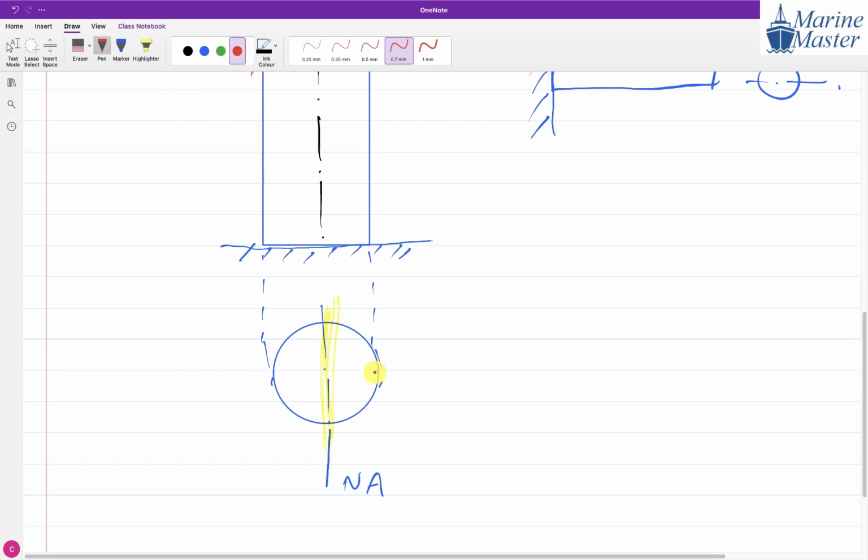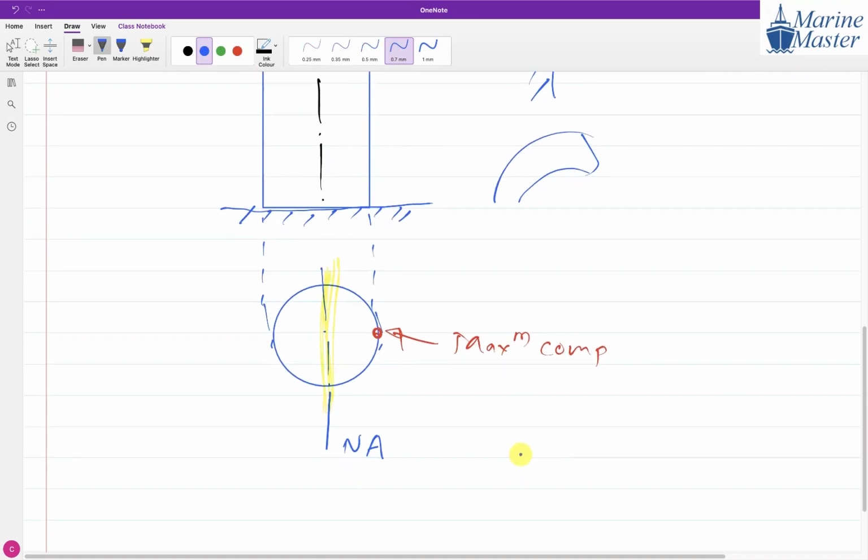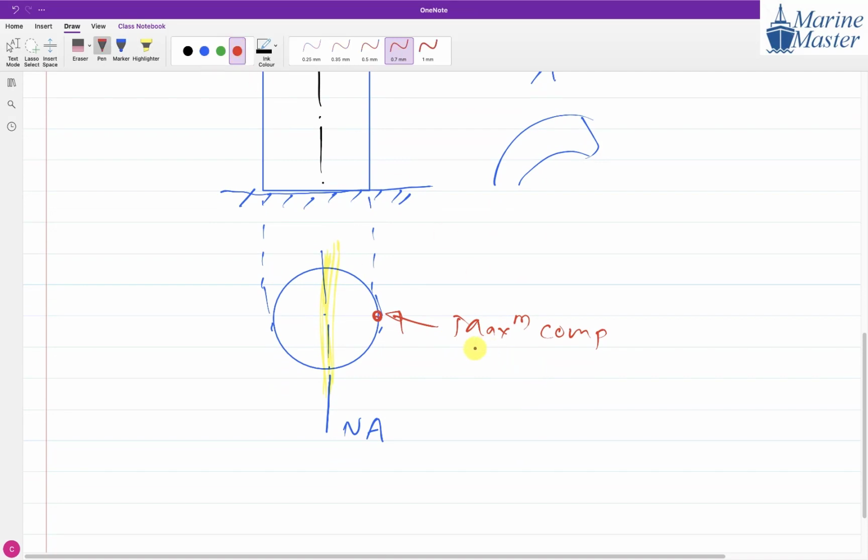At this side, we will have maximum compressive bending stress, because this is going to bend like this. And here, what we will have? Maximum tensile. We studied these things just now.